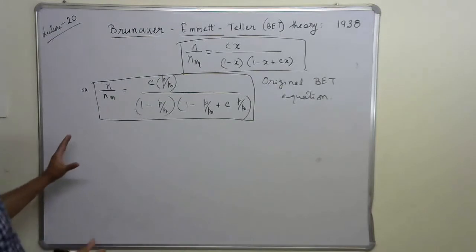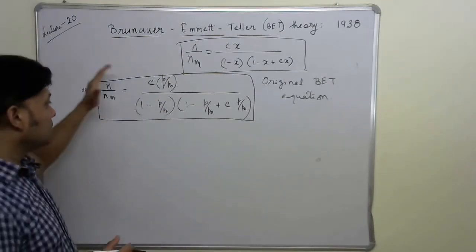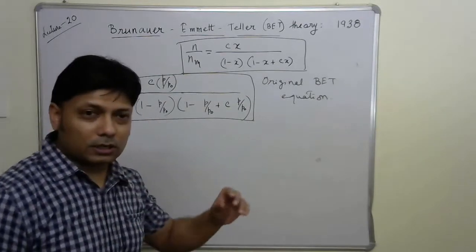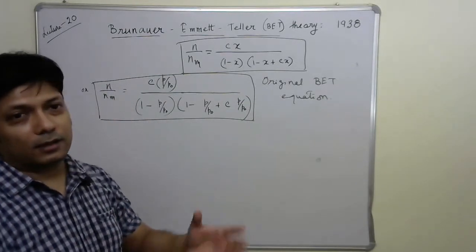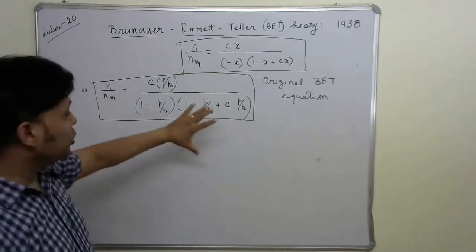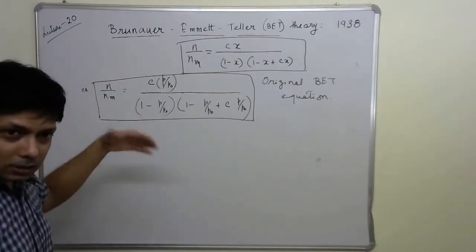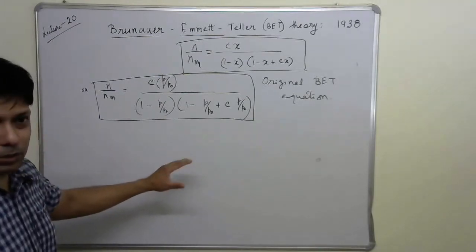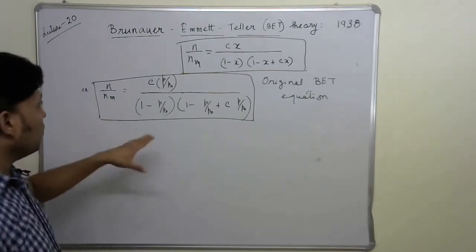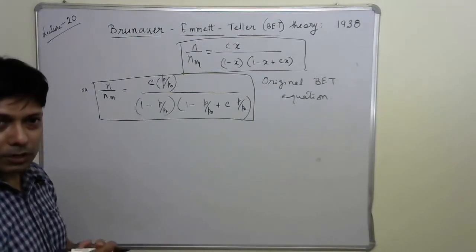But for the time being, this equation is a bit hard to understand, so we can simplify it. Simplify means we can represent the equation in a Langmuir-like linear form. There is an option to change this difficult-looking equation into a much simpler linear equation, where we can plot 1 over n versus 1 over p, something like that, as we did for the Langmuir linear fit.